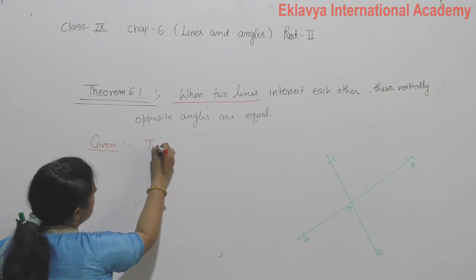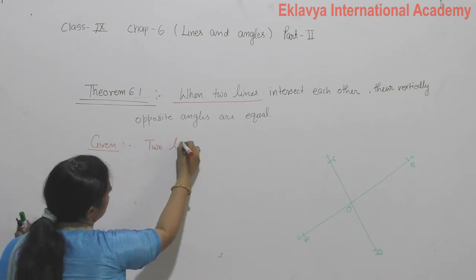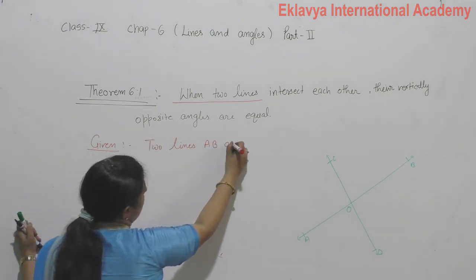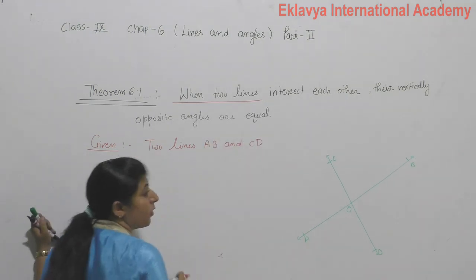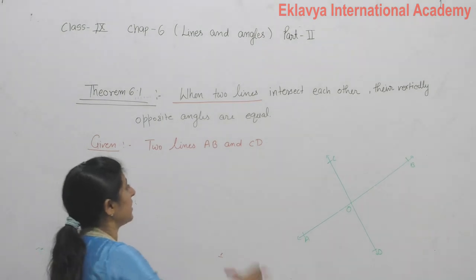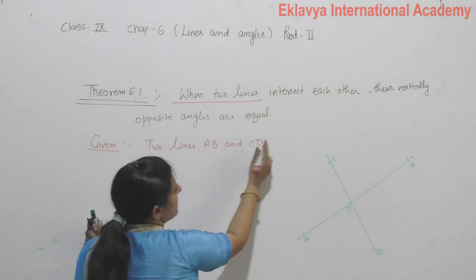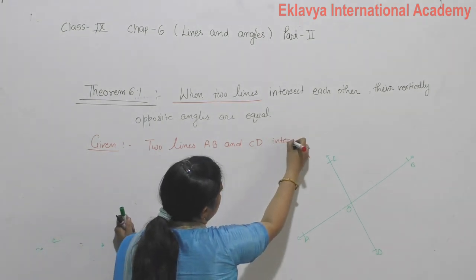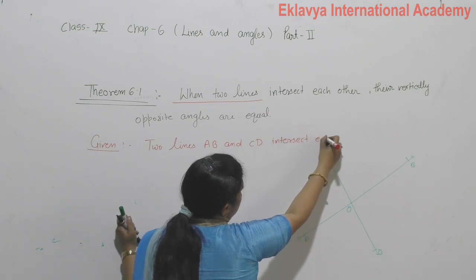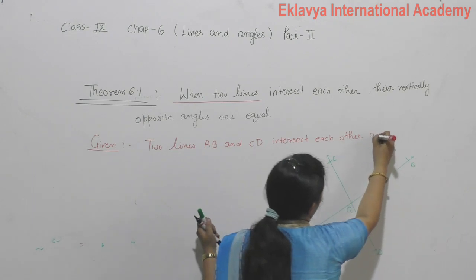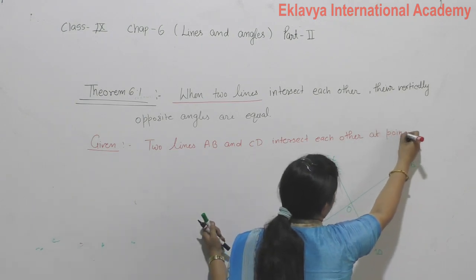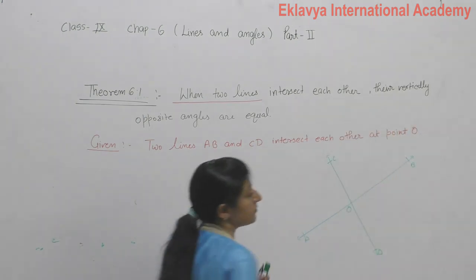Two lines AB and CD. There is no need to show the line symbol here. Two lines AB and CD intersect each other at point O.